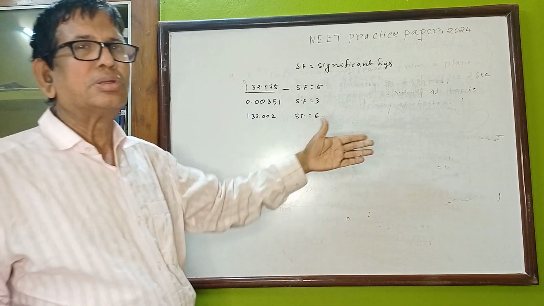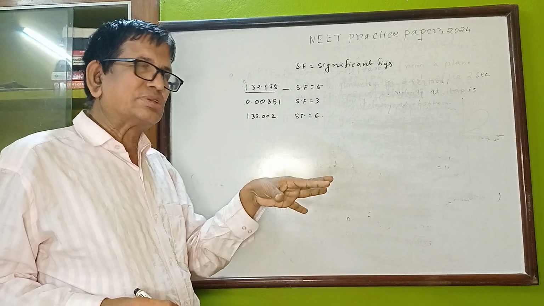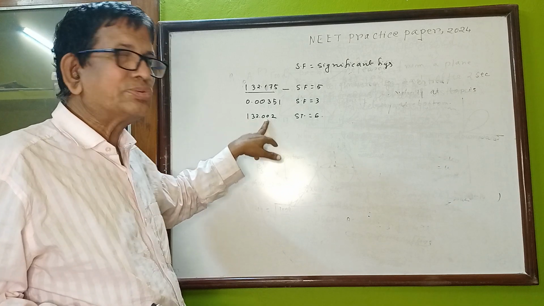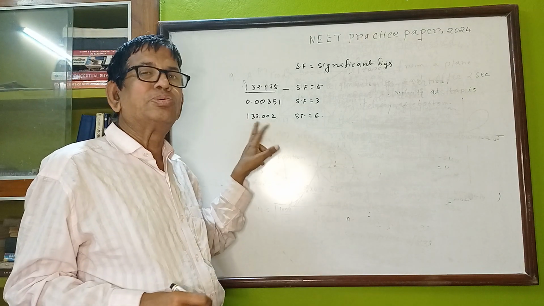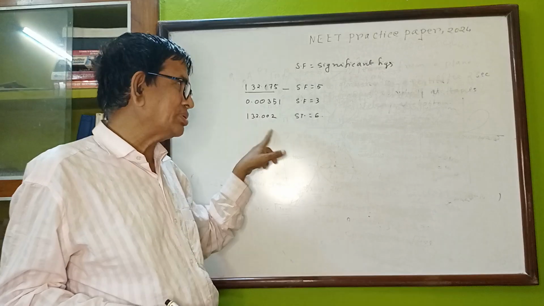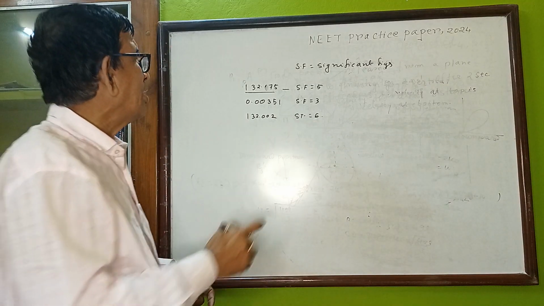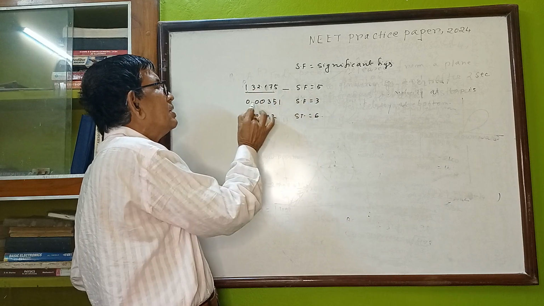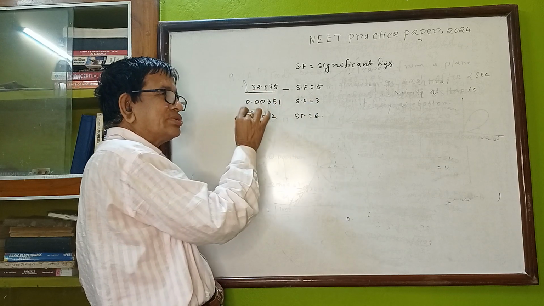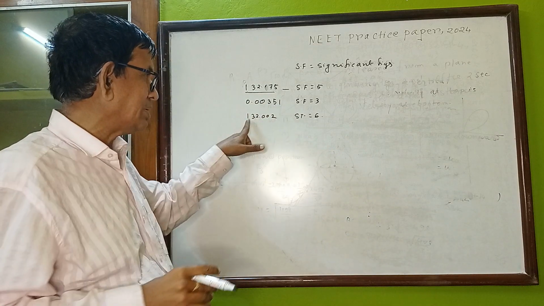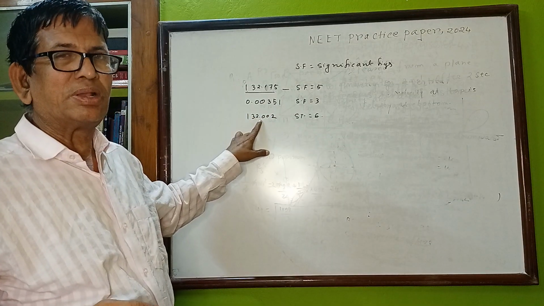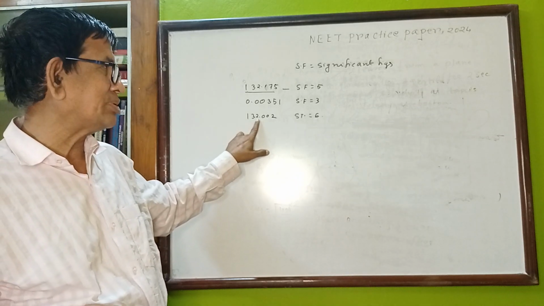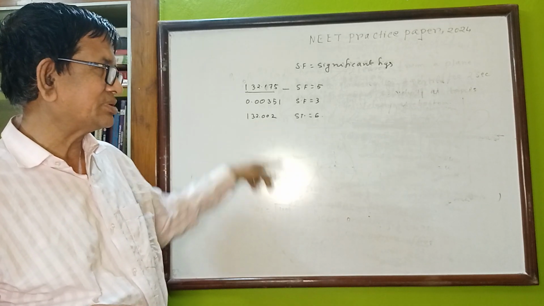After the decimal, zeros are not counted, but in that other case the zeros after the decimal are counted, because these two zeros are within the two non-zero digits 2 and 2, so it will be 6. Again I am telling, all non-zero digits are taken as significant, so it is 5. Zeros after the decimal are not counted for significance, so it will be 3, but zeros after the decimal will be counted provided that these zeros are in between two non-zero digits.